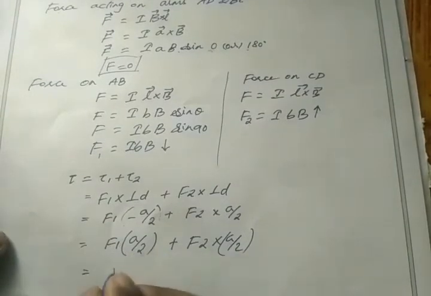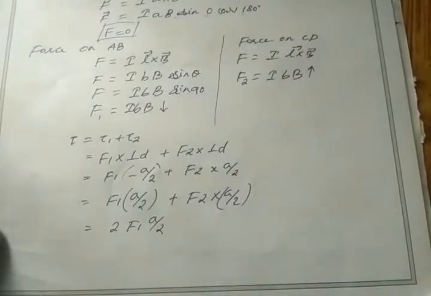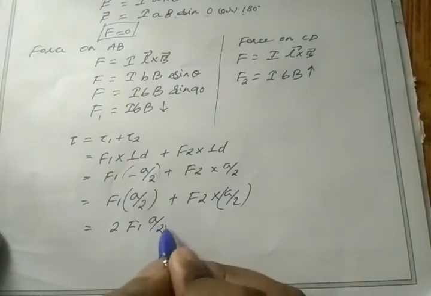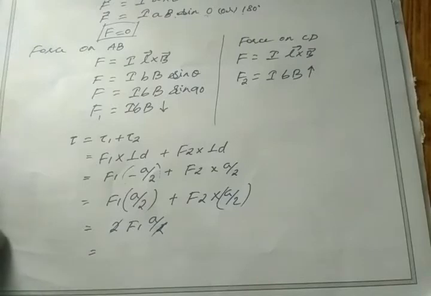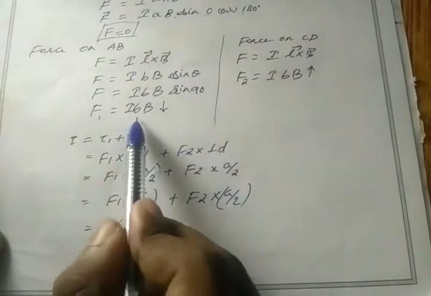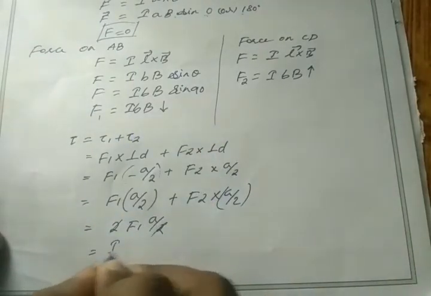If you add these two, we get 2 F1 A by 2. The 2 gets cancelled. What is F1? We already found the value of F1, I B B. So I can take I B B.